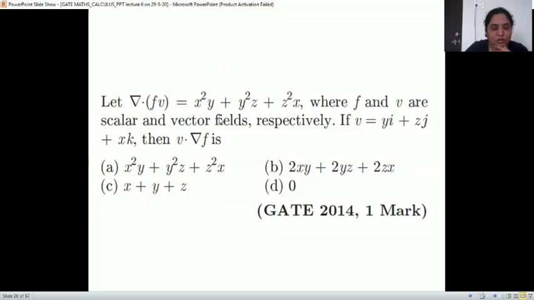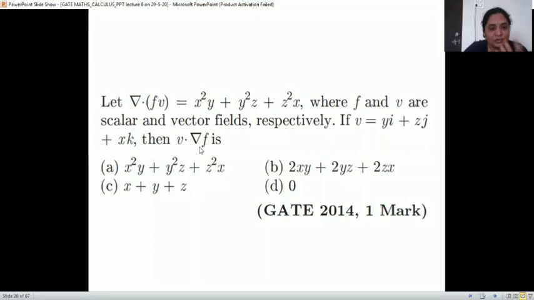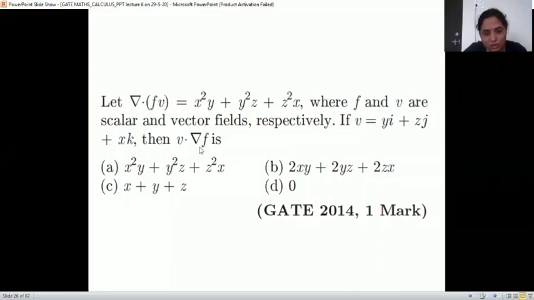Right. So we have this del dot f v bar already given to us, and it is asked del f dot v bar. So from that formula we get del f dot v bar is equal to del dot f v bar minus f into del dot v bar. So we have to just find out del dot v bar.